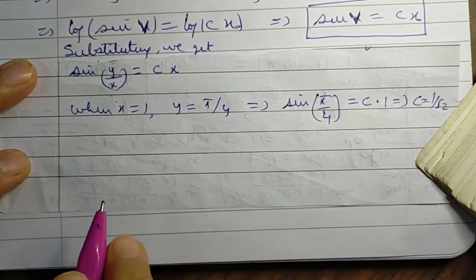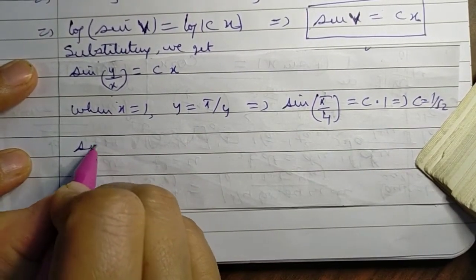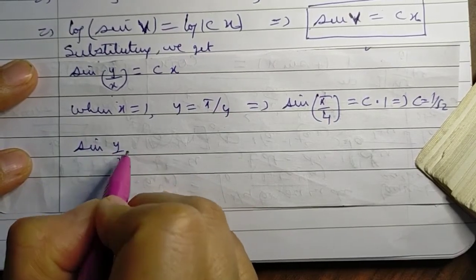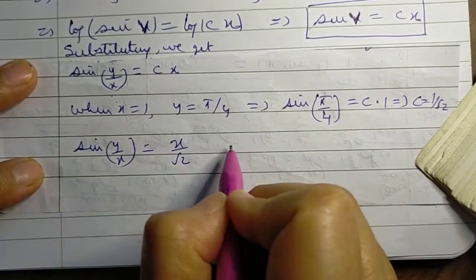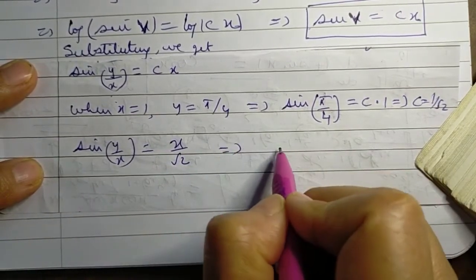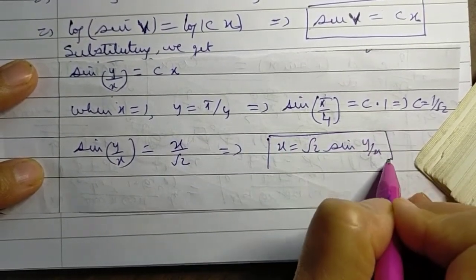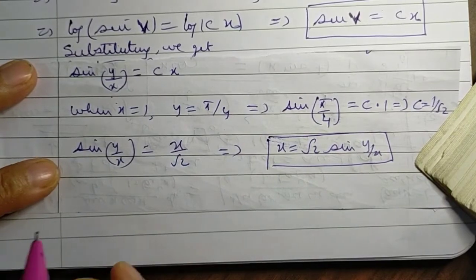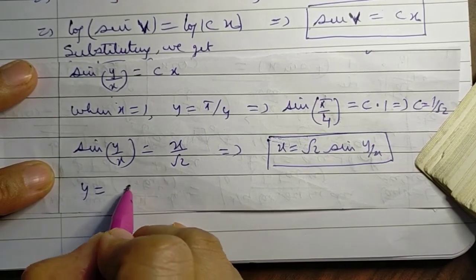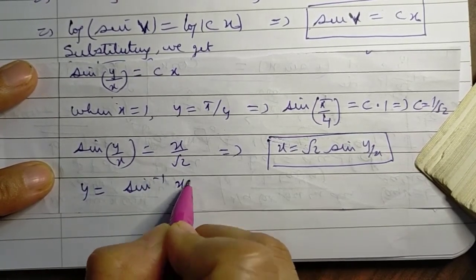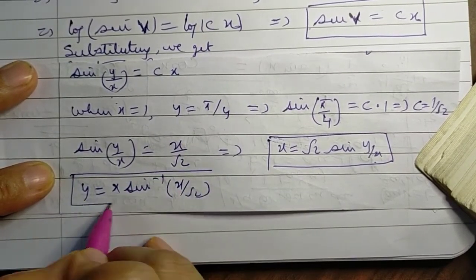Substituting, we get the particular solution. Either way you can write the answer, or we can even solve it as y equal to x times the inverse expression, and this becomes the answer.